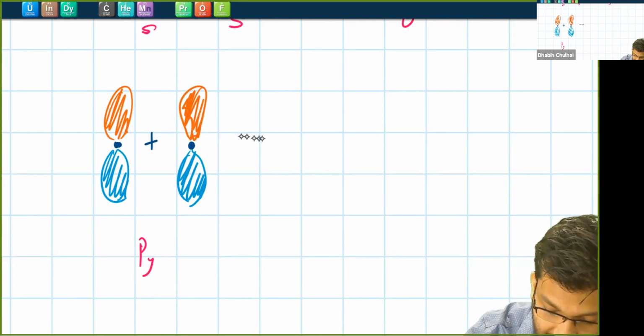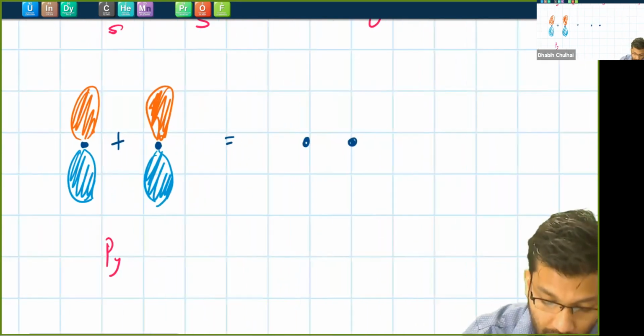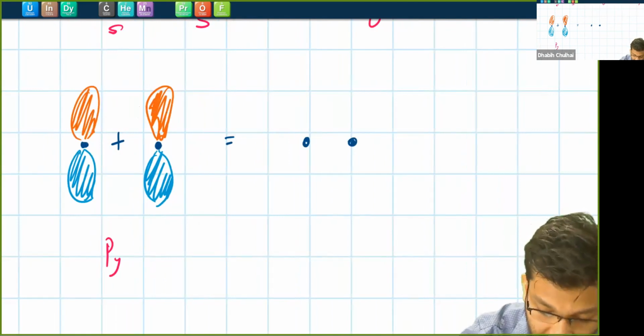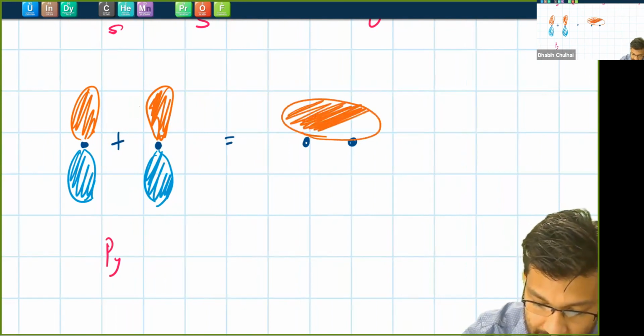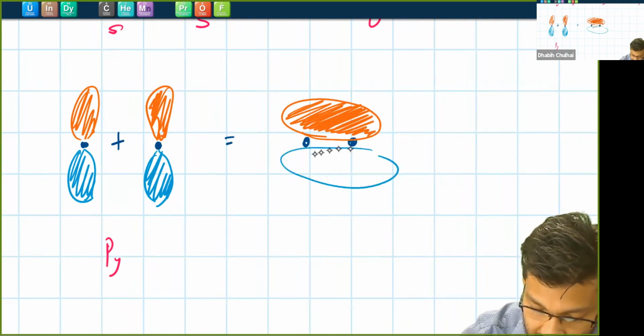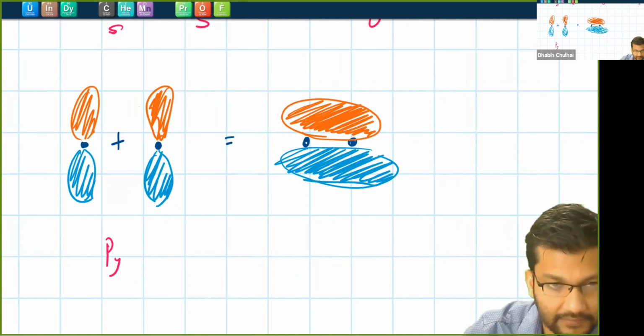All right, we can add those two together, and what do we get? Well, the positive parts on top add up to make a bigger positive part on top, right? Like that. The negative parts on the bottom add up to make a bigger negative part on the bottom, like that.